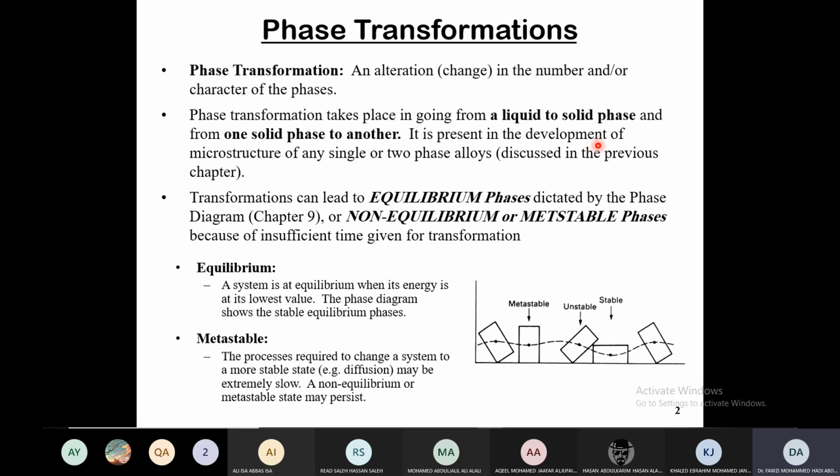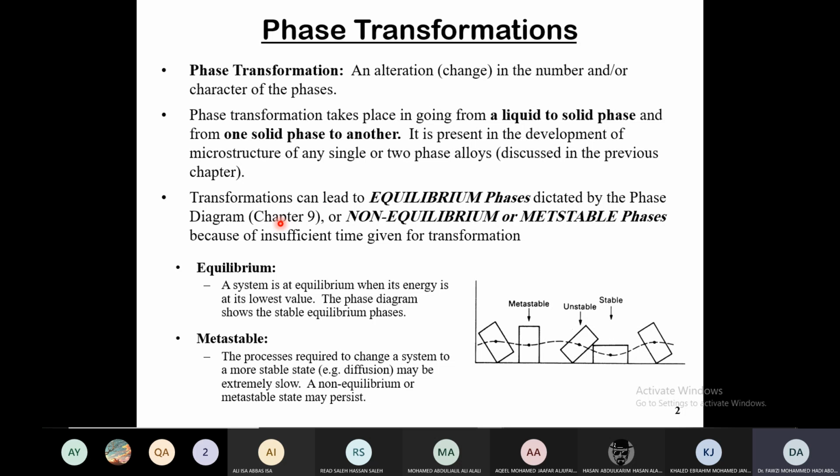In the development of the microstructure for any single or two phases, as we have discussed in chapter 9, this is presented already to you. Transformations can lead to equilibrium phases dictated by the phase diagram, chapter 9. So this is what we already talked about.